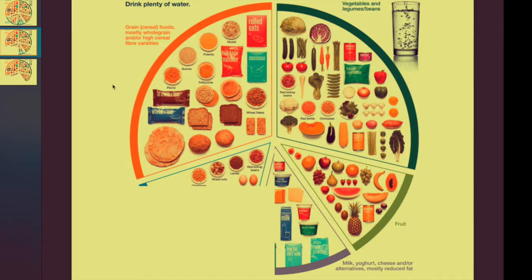Then for afternoon snack, you can have a couple of pieces of fruit with some mixed nuts. Then for dinner, you can have vegetables such as broccoli, cauliflower, eggs, and also some lentils and kidney beans. And that's how a basic vegetarian diet would look.